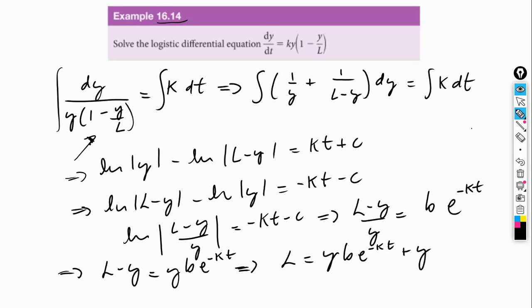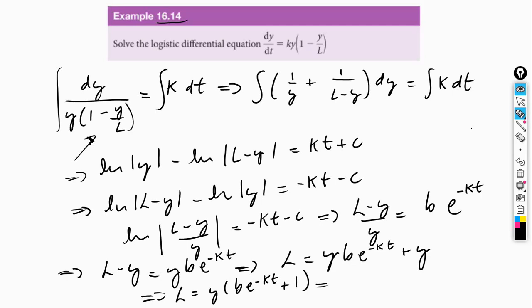And then if we factor out the y, this is going to be L equals y times B, Euler's number to the minus kt, plus 1.